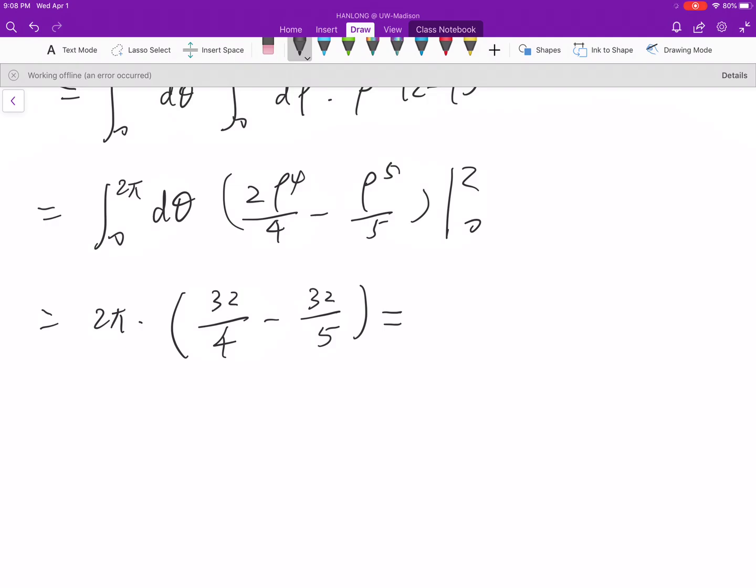Okay, and this is 8. So in total you have 2 pi times 8 over 5, which is 16 pi over 5.